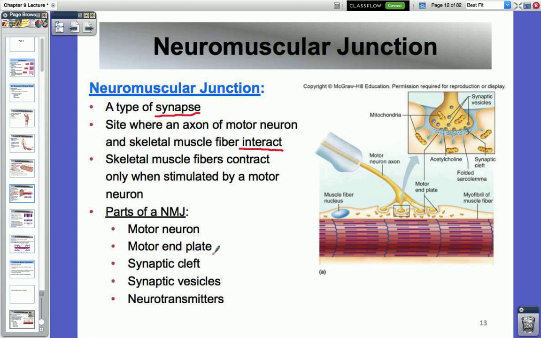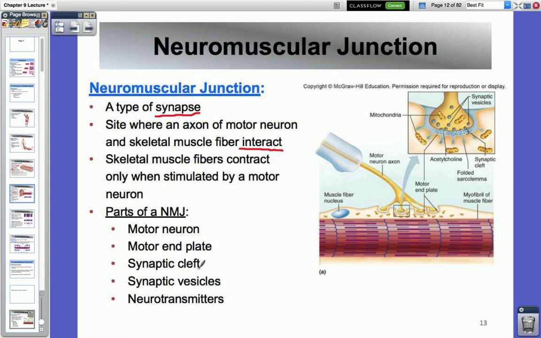Now I did say again, we have the motor neuron and the motor end plate of the muscle cell. They're interacting, but they're not physically touching. So because they're not physically touching, there is a space between the two. The space between the two is called the synaptic cleft. So again, the space between the motor neuron and the motor end plate is called the synaptic cleft.